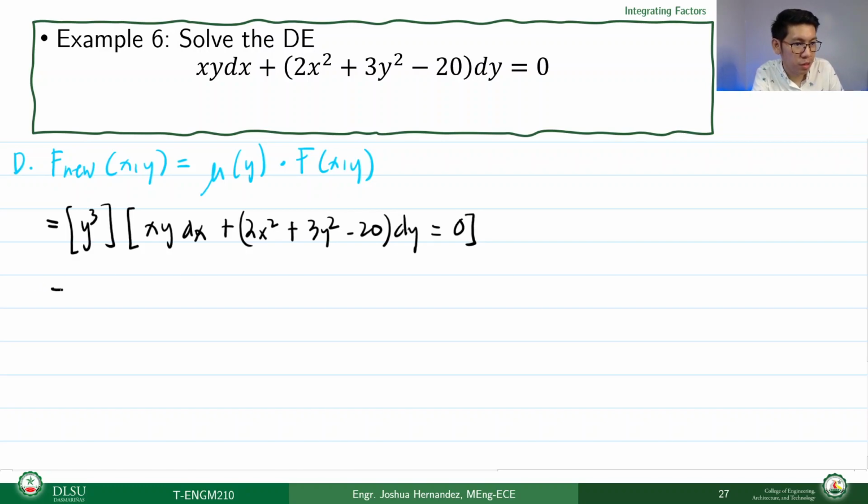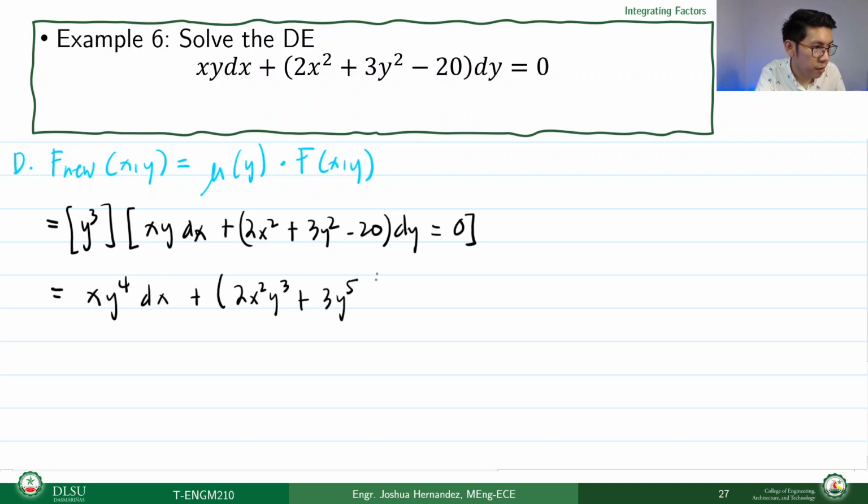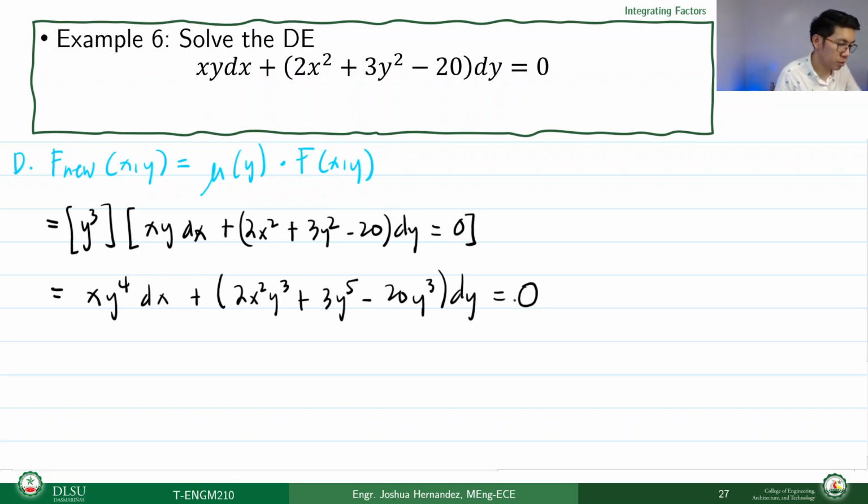So, this will become x y to the 4th dx plus 2x squared y cubed plus 3y raised to 5 minus 20y cubed dy equals 0. This is our new equation.